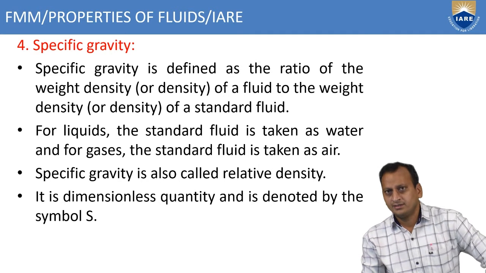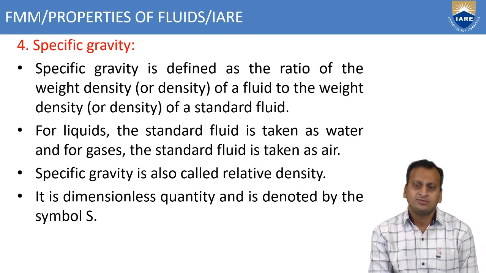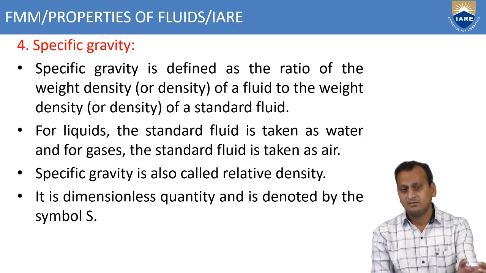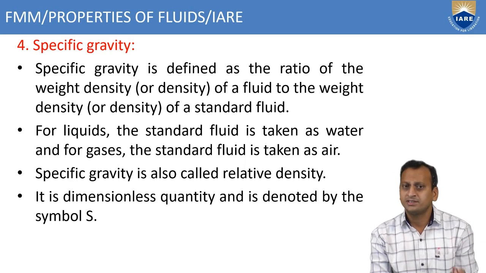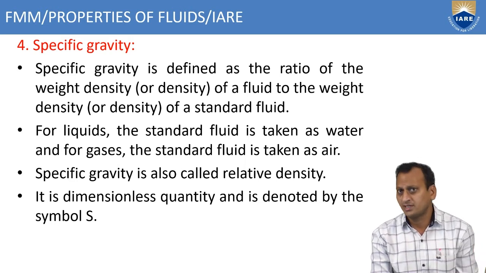Now specific gravity. The specific gravity of a fluid, also known as relative density, is the ratio of mass density of a liquid to the mass density of a standard liquid, otherwise the weight density of the liquid to the weight density of the standard liquid.